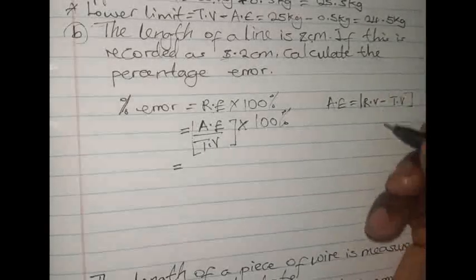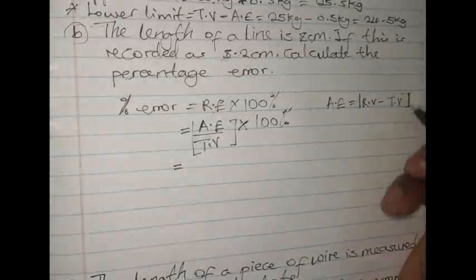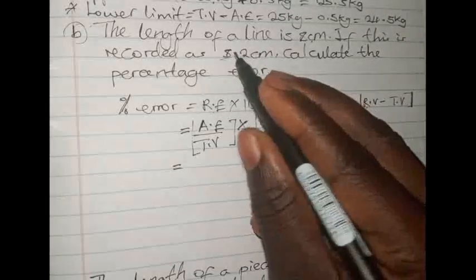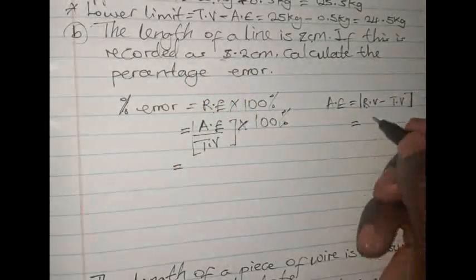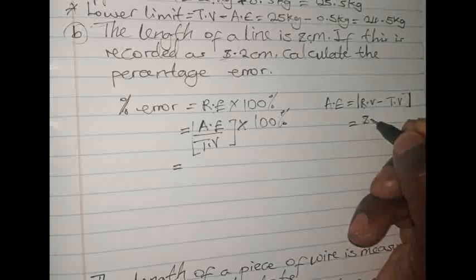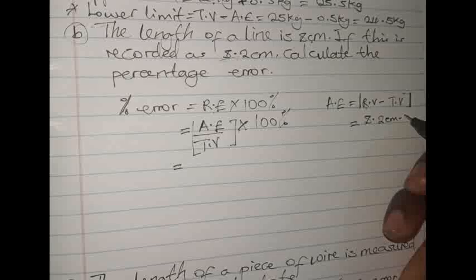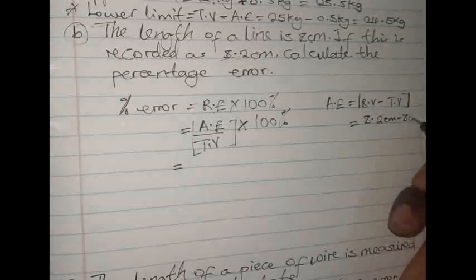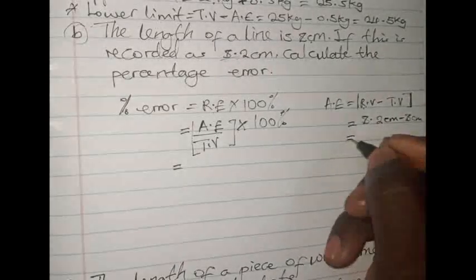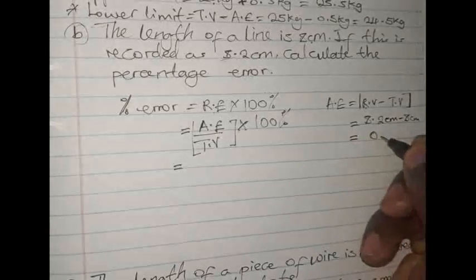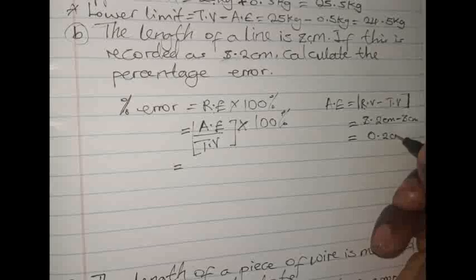Now our recorded value is what? They said it was recorded as 8.2, so here it's 8.2 centimeters minus our true value of 8 centimeters, meaning our absolute error is simply 8.2 minus 8, which is 0.2 centimeters.